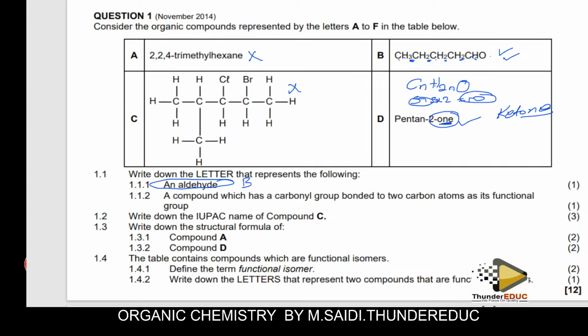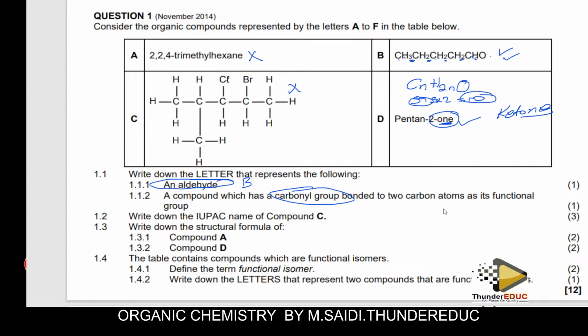All right. When you say carbonyl compound, what does it mean? Compound that has a carbonyl group bonded to 2 carbon atoms as its functional group.